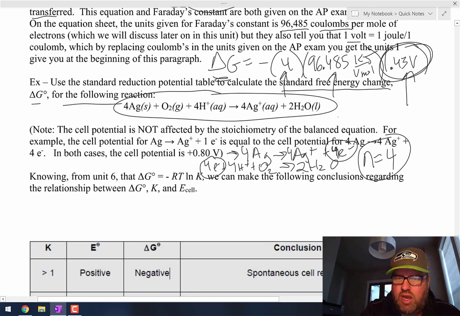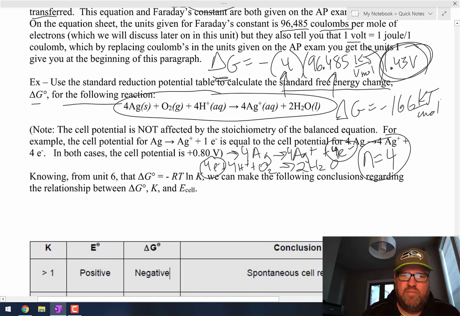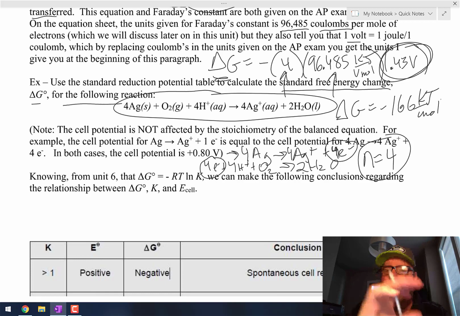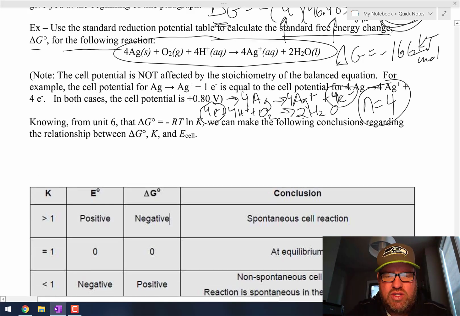So our final delta G value equals negative, I would round that to negative 166 kilojoules per mole. That's how you use that equation: you find the number of electrons that transfer, Faraday's constant is always the same, but then you do need to know the cell potential as well.